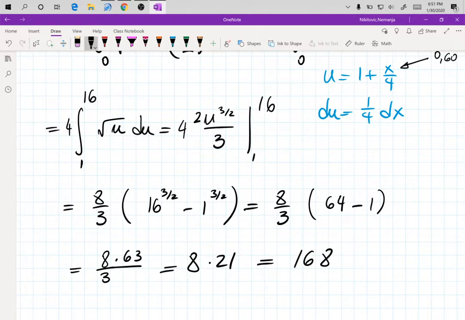So when you have nested substitutions, let's say there was one more substitution after this, then you find your new U or whatever the variable is, and then substitute 1 and 16. Yes. Okay. So if there was another G substitution, say square root of G, you would be computing the bottom as square root of 1 is 1, and the upper, square root of 16 is 4.